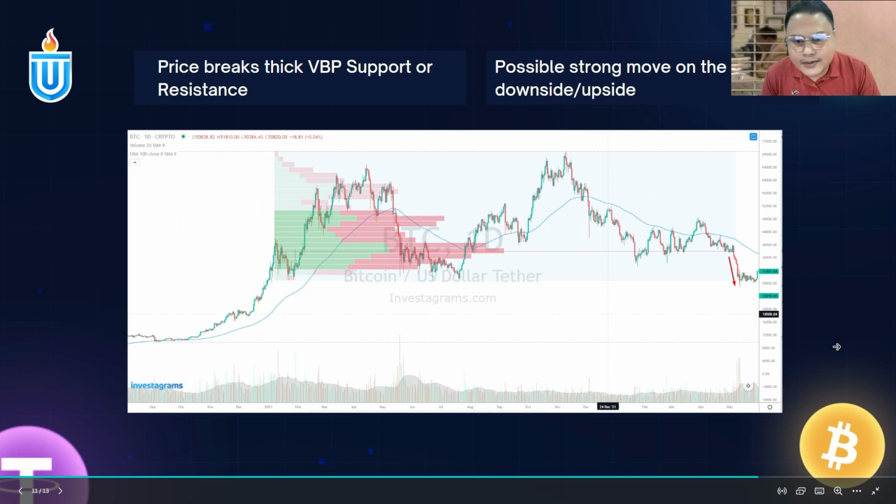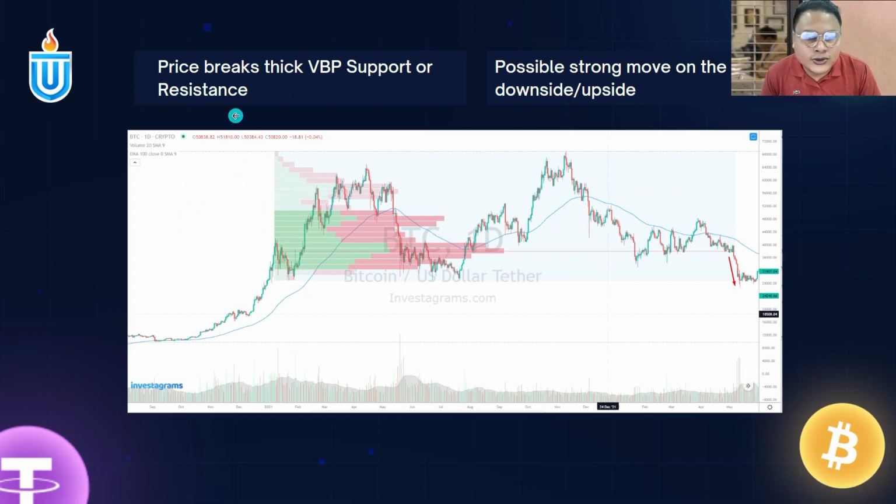So, next example is eto. Same with the Bitcoin example kanina, in which, in this scenario, price breaks a thick VBP support or resistance. So, hindi na natin pinansin yung structure resistance and support areas. So, in this case, VBP lang or volume profile lang. Dito makikita natin na yung fixed range volume profile natin, yung point of control is at 38K.